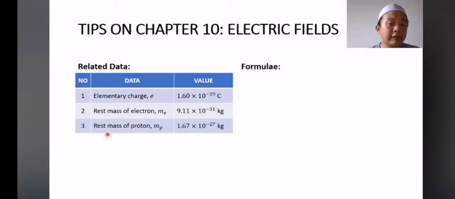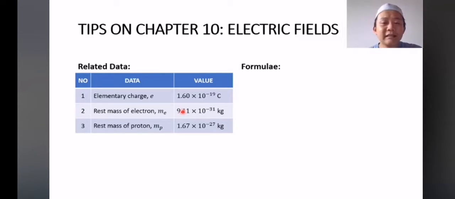Then the rest mass of proton is 1.67 times 10 to the power minus 27, which, if you remember the question earlier about the P particle, is roughly the same magnitude, 10 to the minus 27. These values are actually provided in the question paper, so you don't have to worry. But for tomorrow's quiz, it's not provided, so you have to know. That's why I'm telling you right now.